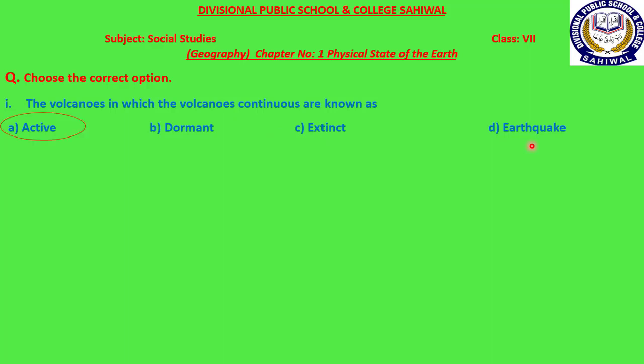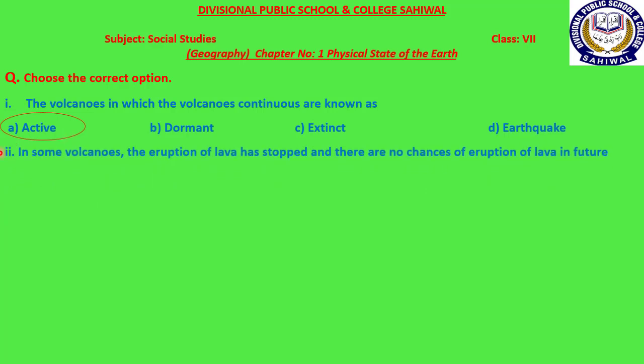You have to choose only one. Correct option is active. Number 2, in some volcanoes, the eruption of lava has stopped and there are no chances of eruption of lava in future. A. Fault, B. Extinct, C. Mountains, D. Earthquake. So correct answer is B. Extinct.